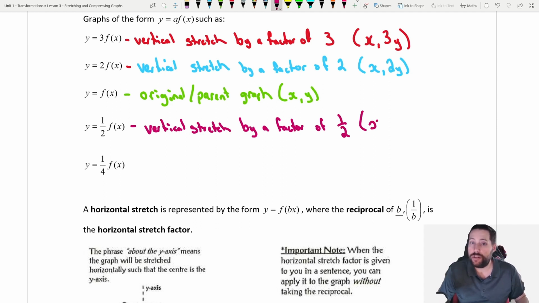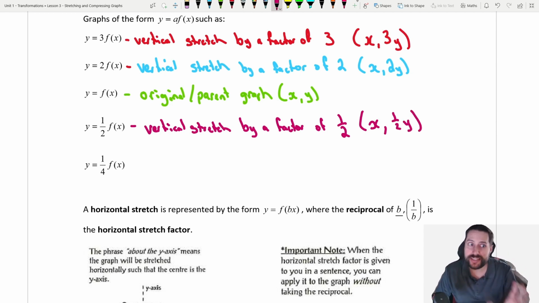So your mapping notation is going to be (x, 1/2 y). Now I notice I say a vertical stretch. I have still stretched it, but it's by a factor of 1/2. Before we were talking about stretches and compressions.